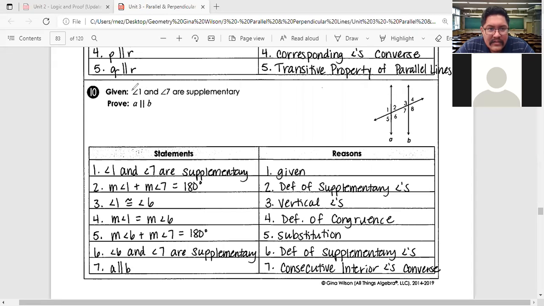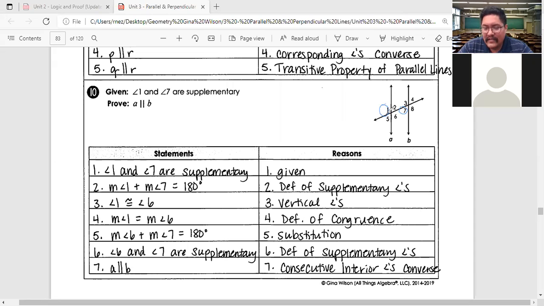Let's look at our givens. 1 and 7 are supplementary. If we swap 5 and 7, that would be supplementary. It would still be a linear pair. If I swap 1 and 3, both of these would also be supplementary. Now there's no relation between these.